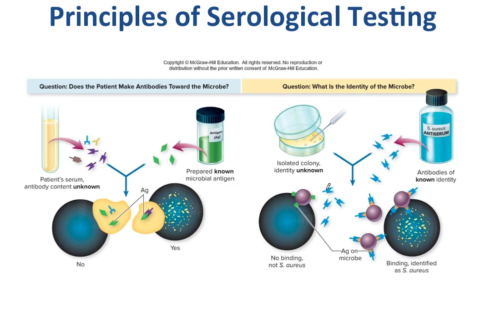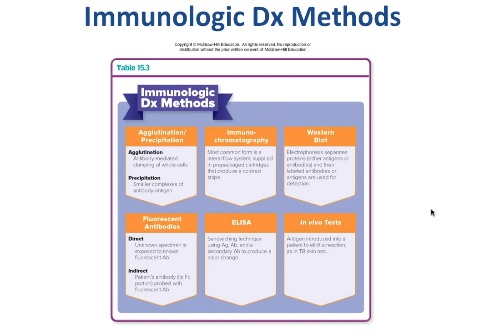If there is agglutination, if aggregation happens, that means the unknown microorganism is the one we studied. So we can see this diagram.